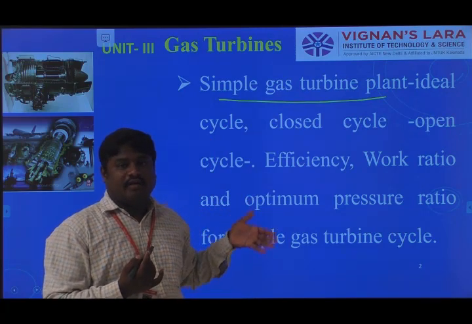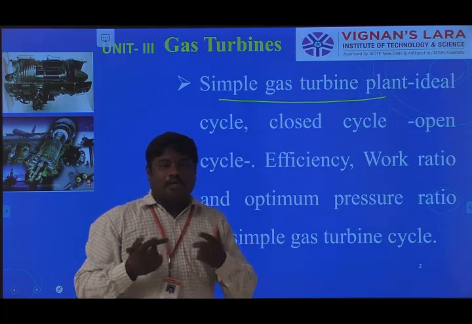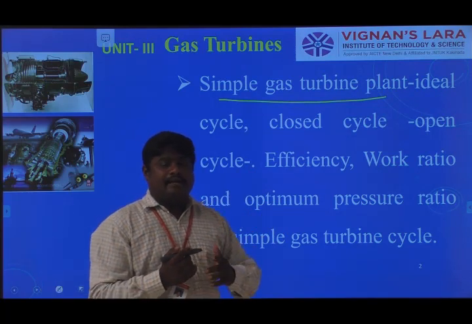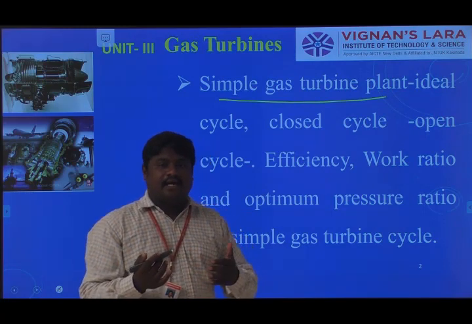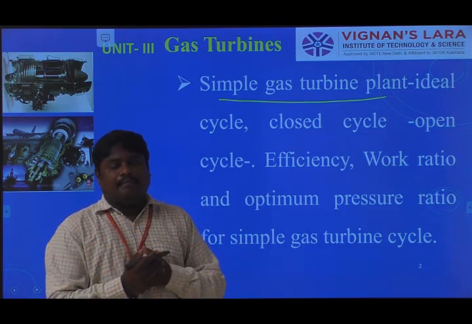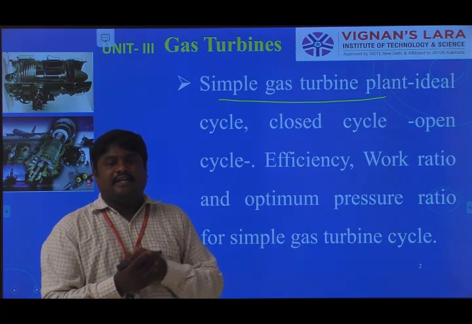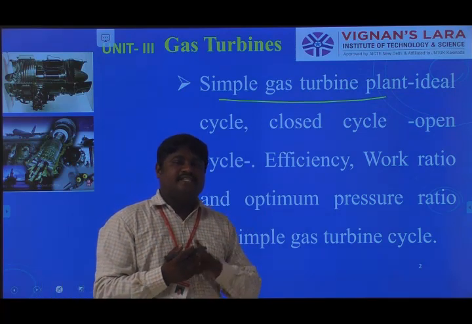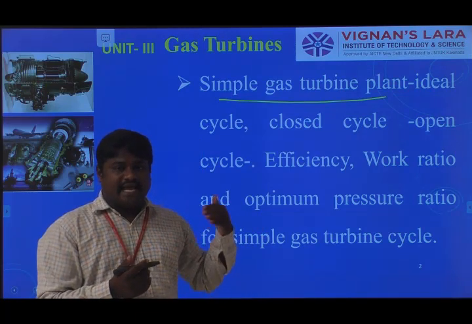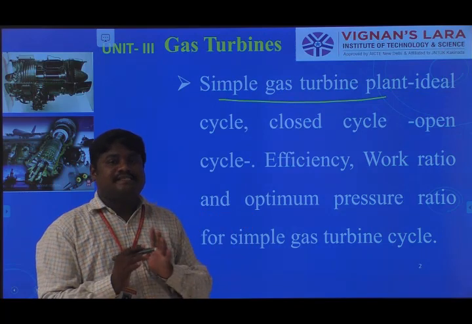We have two parts: one is thermal prime movers and the second is hydro prime movers. The first part, thermal prime movers, has three units: the first is IC engines, the second is steam turbines, and the third is gas turbines. So two units are already completed.